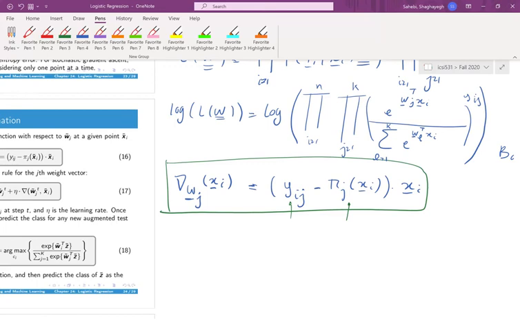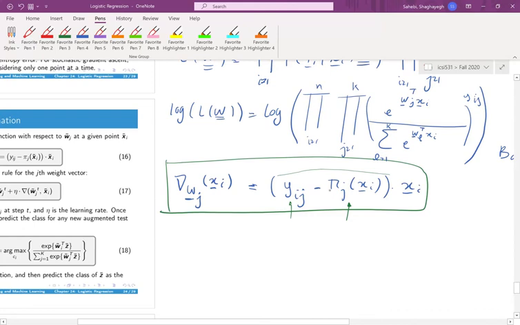Okay, so basically what this gradient means is that when you estimate the probability of xi belonging to class j, if that probability pi is far from yij, this value is going to be large, right? And we have to correct for that.